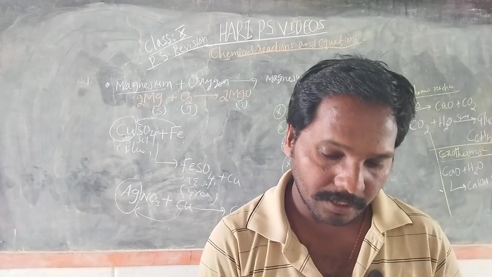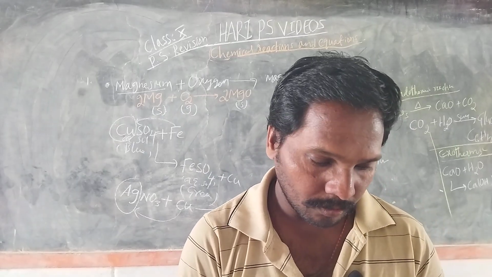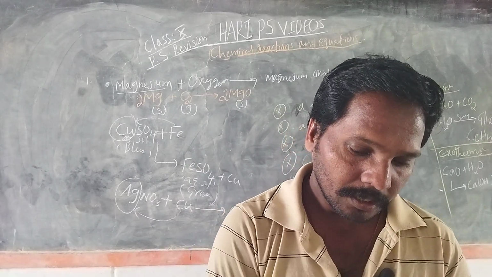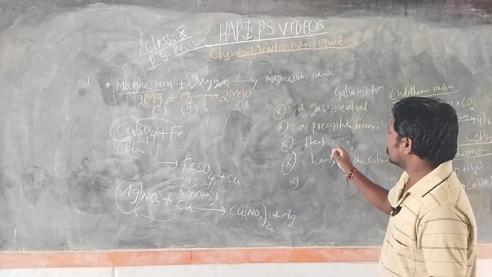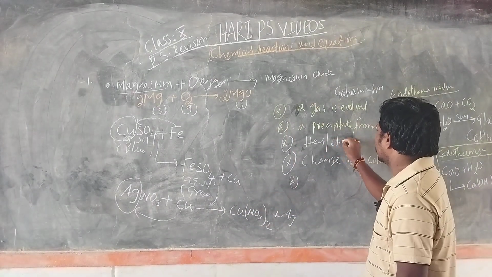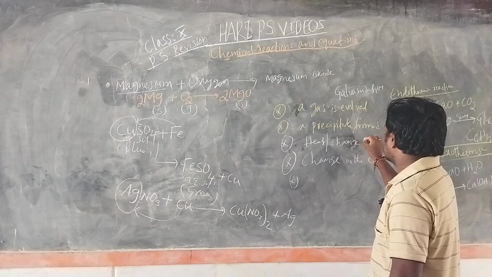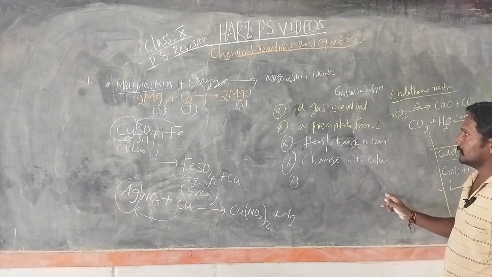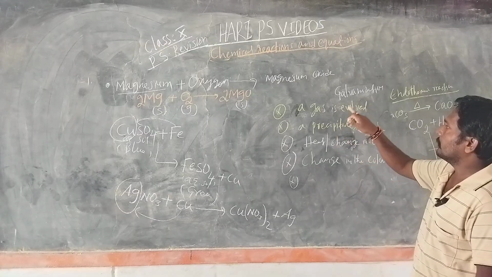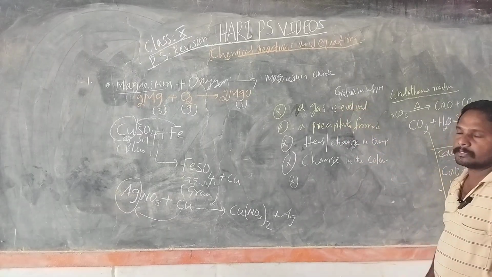How do we know a chemical reaction happened or not? Change in temperature. Instead of heat, we can write change in temperature. Change in temperature, change in the color, a precipitate is formed, a gas is evolved.